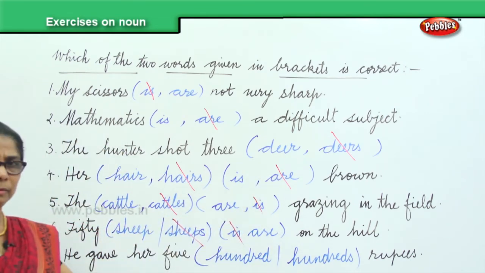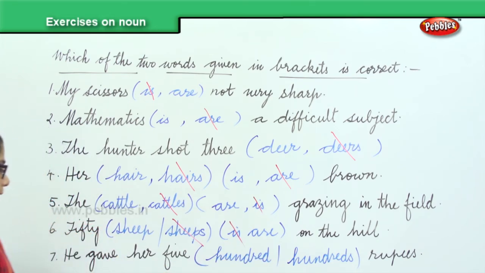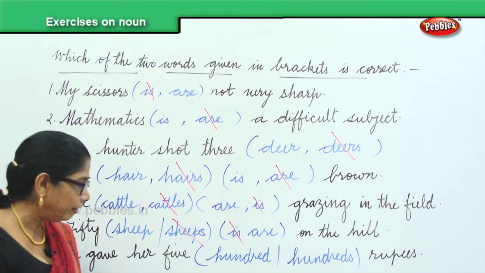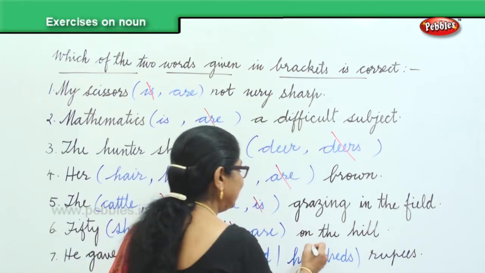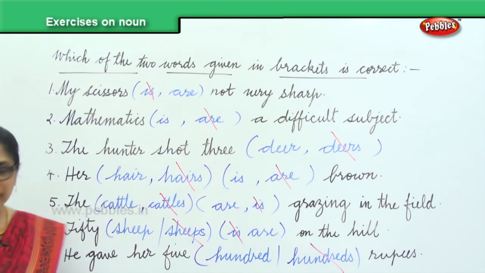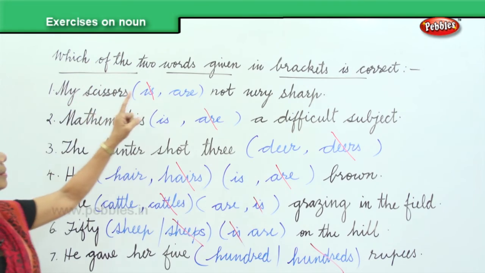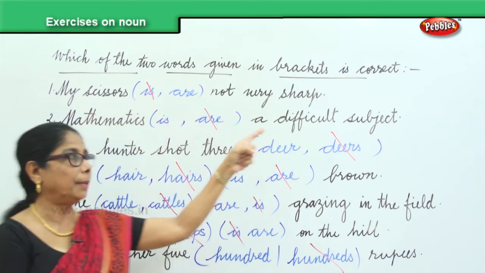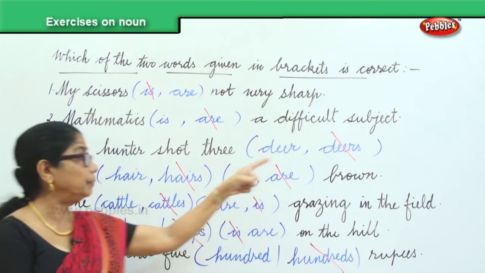Okay, the last one you have. He gave her 100 rupees, which is correct. He gave her 500 rupees, not hundreds. You will say he gave her 500 rupees. Now, look at that very carefully. Which of the two words in bracket is correct? And we've chosen correctly. My scissors are not very sharp. Mathematics is a difficult subject.